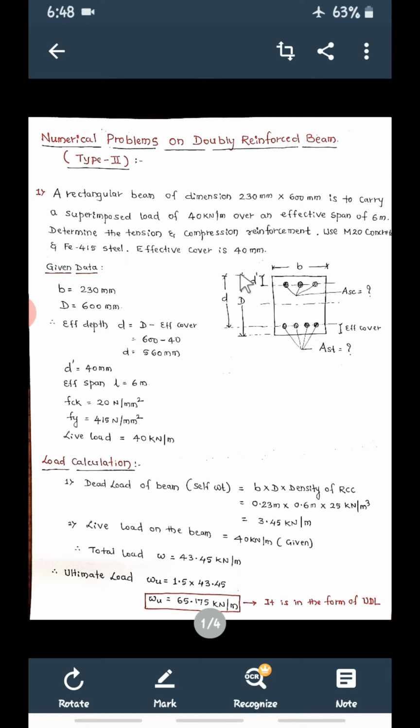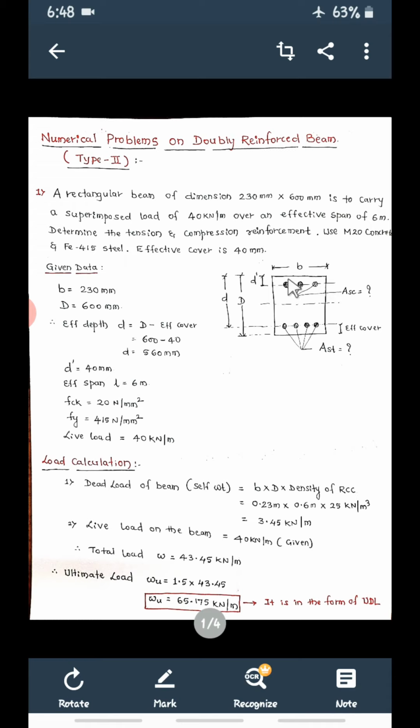Overall depth minus this effective cover will give effective depth. So effective depth small d is equal to capital D minus effective cover 40 mm. This comes 560 mm. So small d, that is effective depth of the beam, is 560 mm.